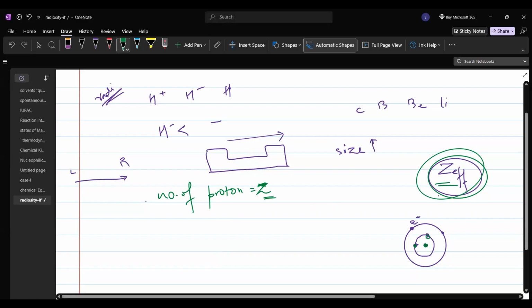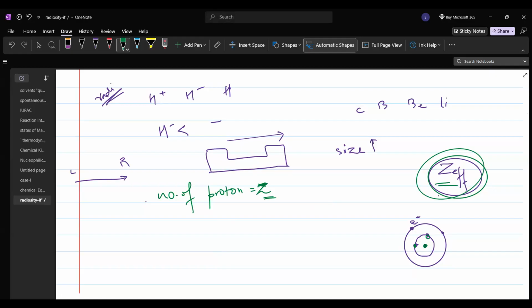Like if we have 10 protons, 10 protons should be pulling this electron, but because of these electrons, the effective pulling is lesser, like 9 protons or 8 protons, right? Are you getting my point? Yes, sir.